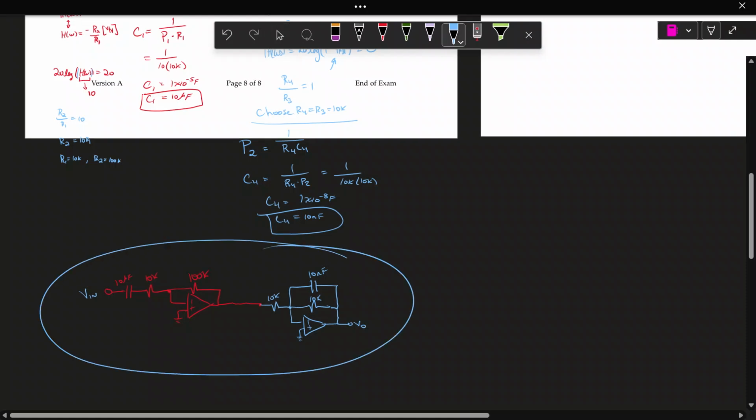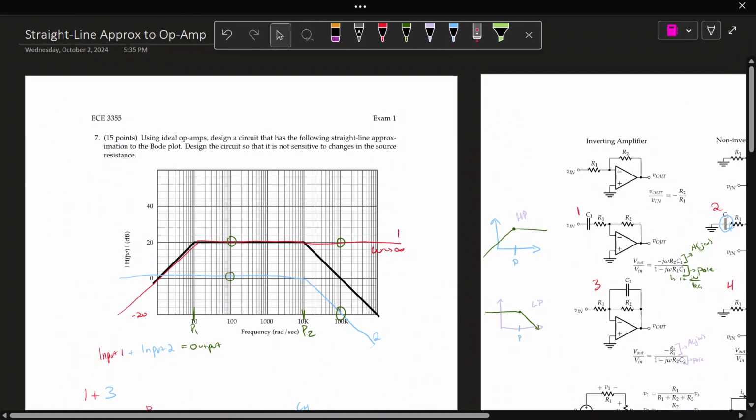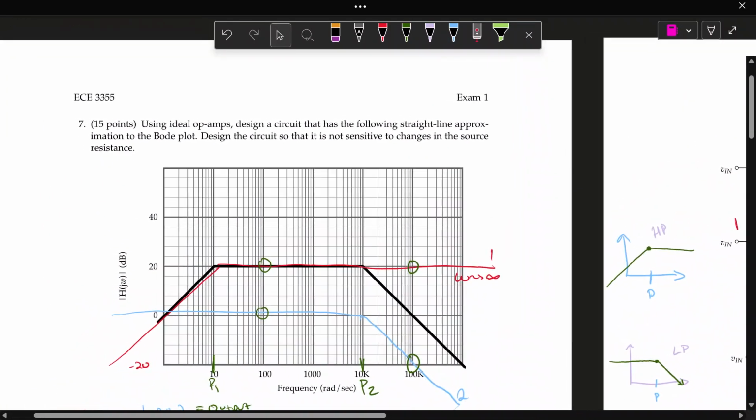That's our answer here. Of course, there are multiple answers to this because you can choose R2 and R1 to be anything you want. They just have to have the division, if you put 100 over 10, to be 10. So that would be our answer here. Be careful about what they say at the end whenever they say design the circuit so that it is not sensitive to the changes in source resistance.